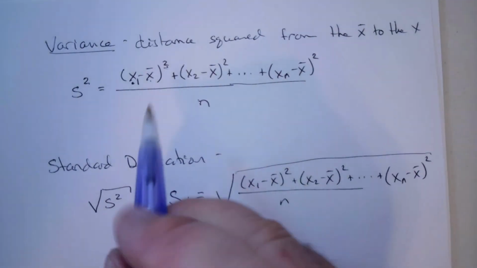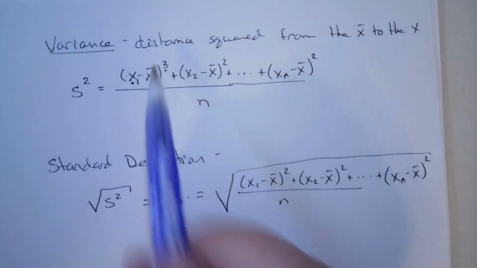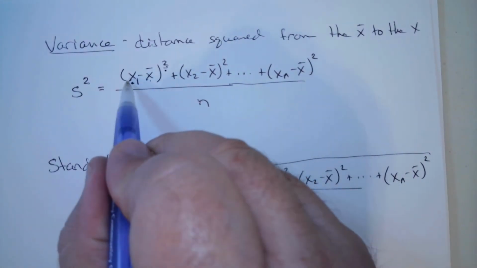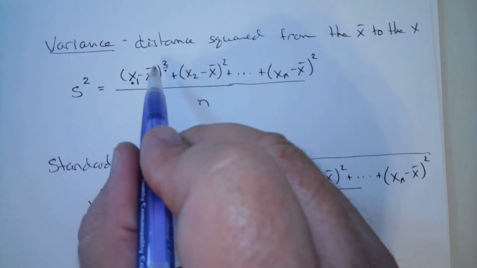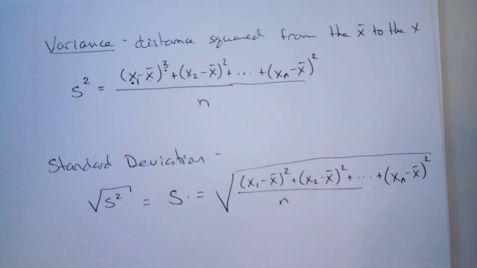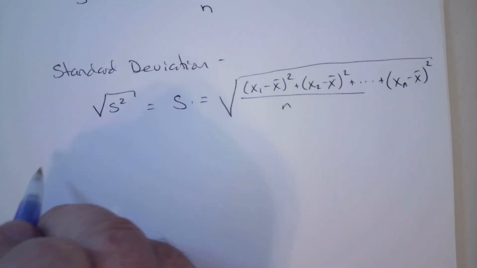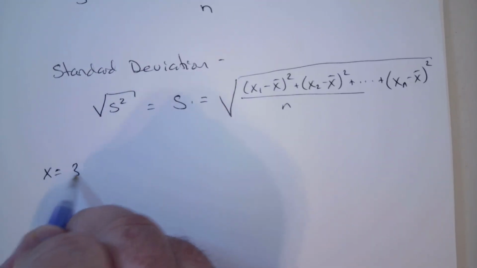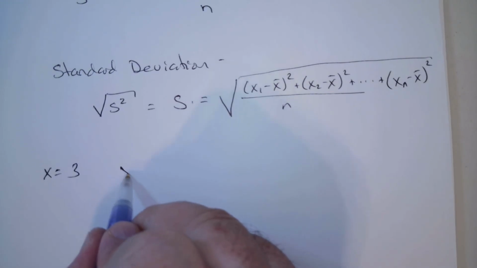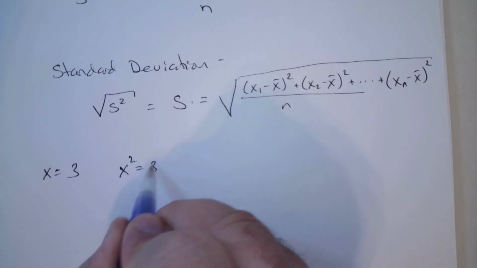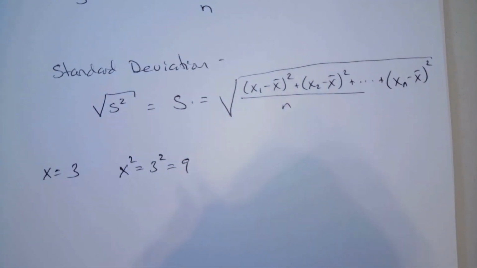Why do we do that? Because the variance squares all the numbers. Once we find the difference, we square it. That gets rid of the negatives, but it makes it really big. This square root shrinks them all back down. I'll show you what I mean. If I had the number 3 and I square it, I get 9.